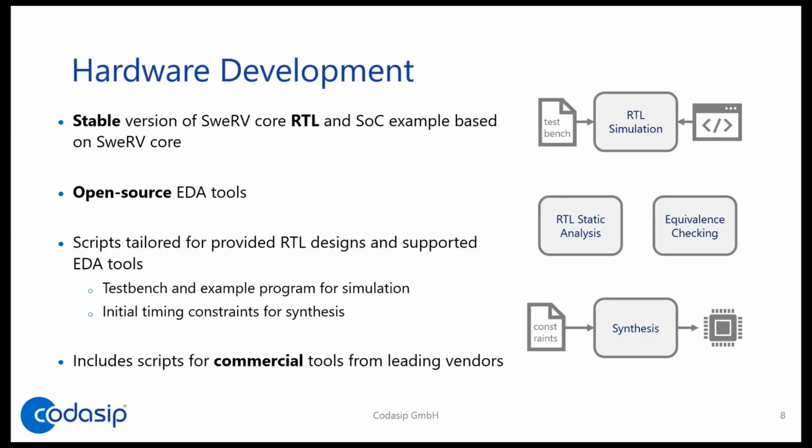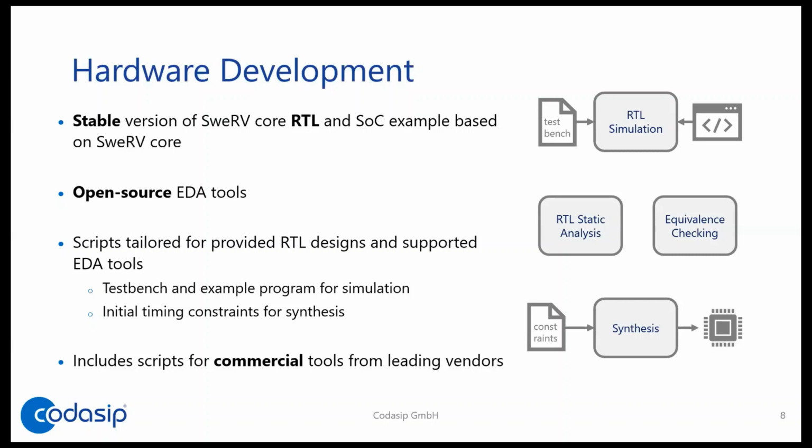The second area of focus is the hardware development. So the package includes a stable version of RTL designs. Obviously, it's the RTL of the EH1 core itself, but we also added an example of SoC which is based on EH1, called SweRV.